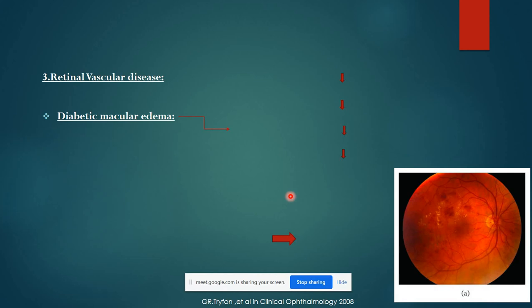then it is the retinal vascular diseases. Okay, so here in case of diabetic macular edema, this is caused by increased blood glucose value.